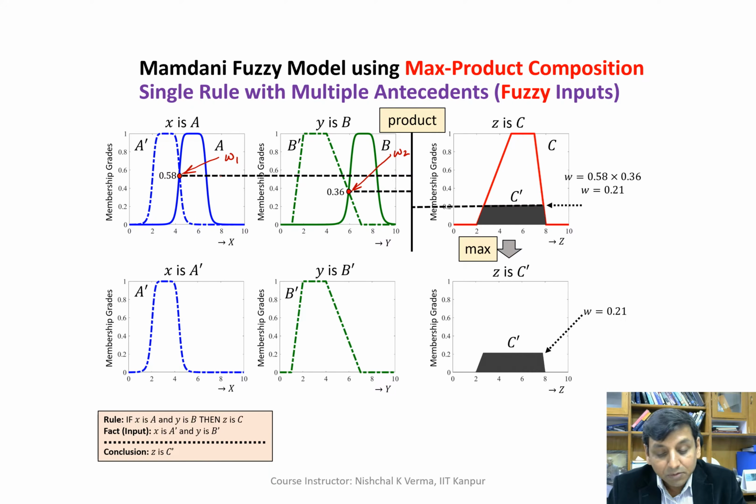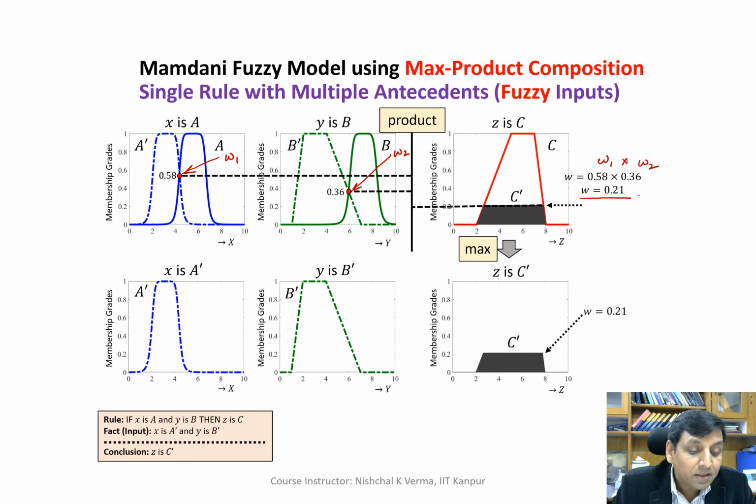So we'll take the product of W1 and W2, the product of 0.58 and 0.36. You see, there is W1 and there is W2. When we take the product, we get the final value, the product of W1 and W2.